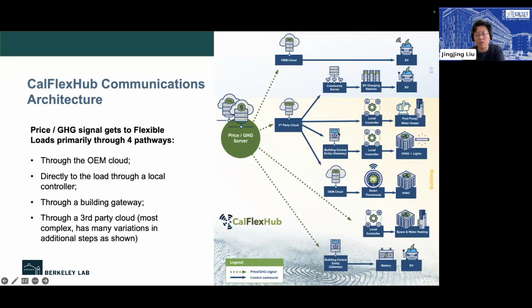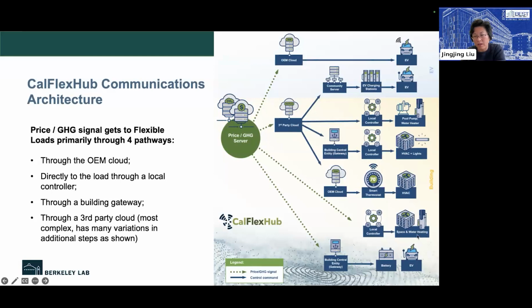So we have all of those scenarios in our projects. And then the pathway of getting the price signal doesn't have to involve a cloud. We have one project where the integrated heat pump has its own local controller that has the ability to receive the price signal directly and control the water heater and heat pump.